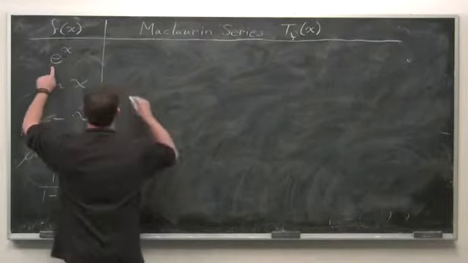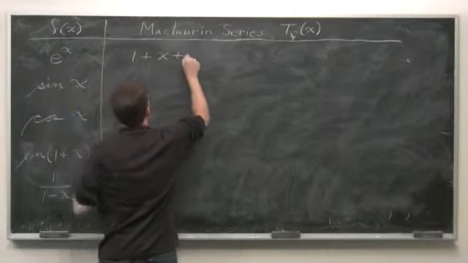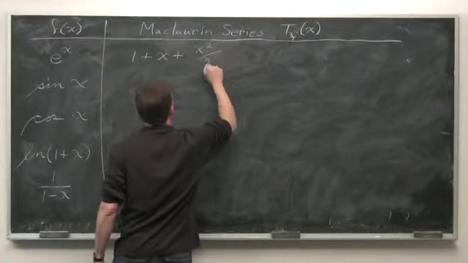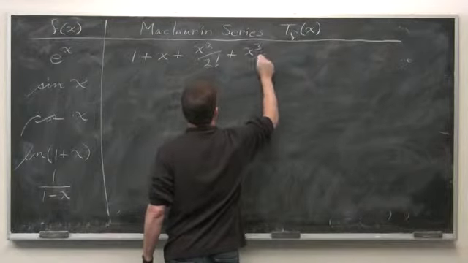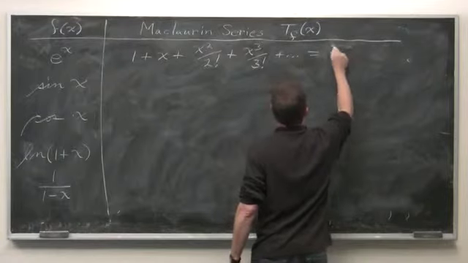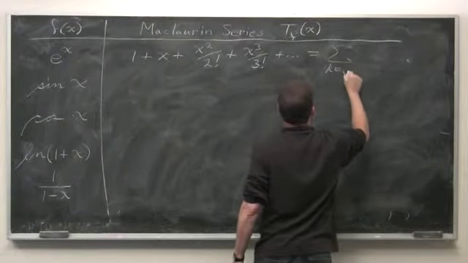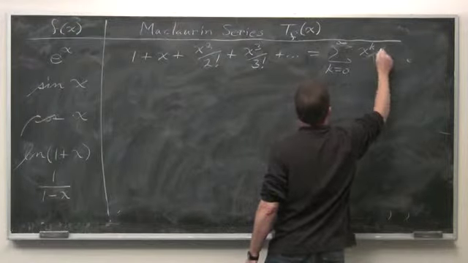We already looked at this one. This one is 1 plus x plus x squared over 2 factorial plus, and then it just keeps going, x cubed over 3 factorial. In summation notation, the sum is k goes from 0 to infinity of x to the k over k factorial.